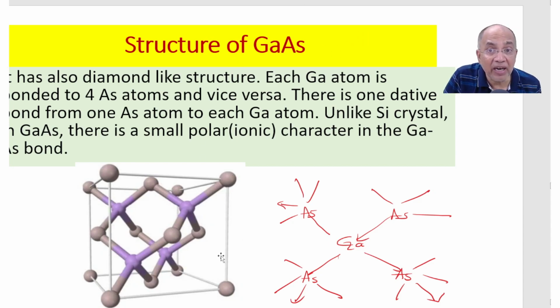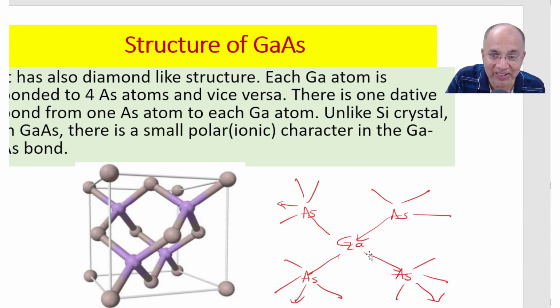Now, the gallium arsenide structure is very typical, similar to silicon. Each gallium is bonded to 4 arsenic atoms, and each arsenic atom is also bonded to 4 gallium atoms. You will be surprised how. Gallium has 3 valence electrons and arsenic has 5 valence electrons. How is it possible?